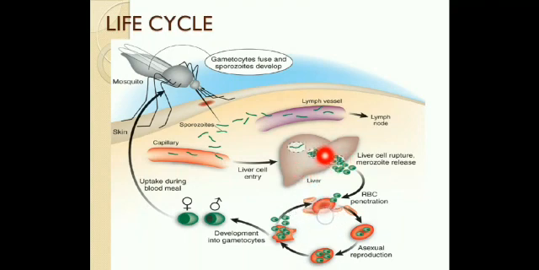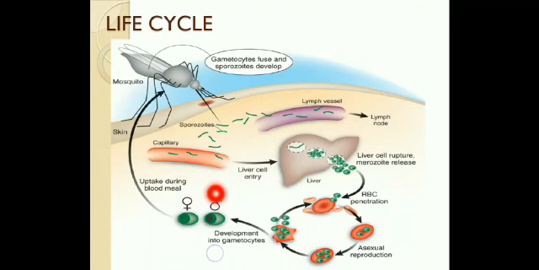This merozoite form is released from the liver, and the merozoites go and infect the RBC, and within the RBC they undergo an asexual reproductive cycle and later develop into gametocytes.